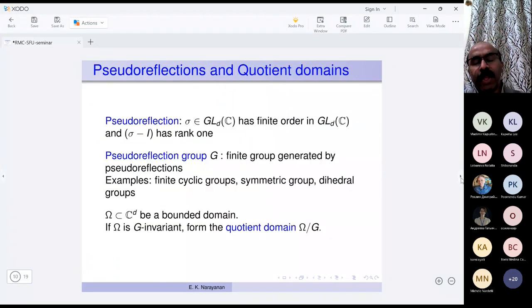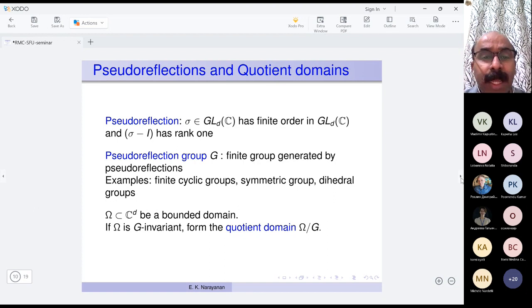Now we are going to get into the topic of today's talk. So we saw some results in one dimension and several dimensions. We are going to look at quotient domains. So what do I mean by that? I have some domain in C^n or C^d, and I quotient it with a group action. Okay. Now the quotient generally is not all that good from a geometric point of view.